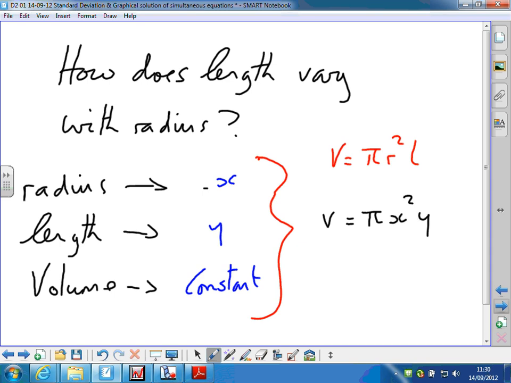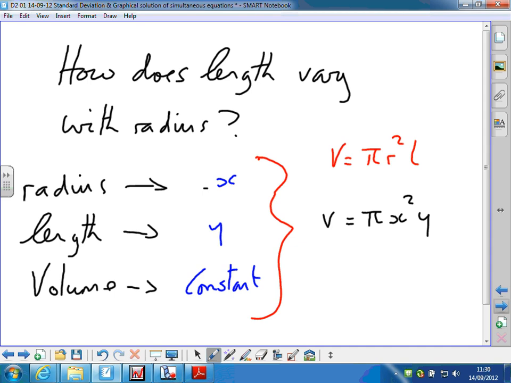I just replace the letter with the particular variable that I'm interested in. And so now x is the independent variable, so I'm changing the radius here and seeing what effect that has on y, which in this case is the length. So I'm seeing how the radius changes the length.